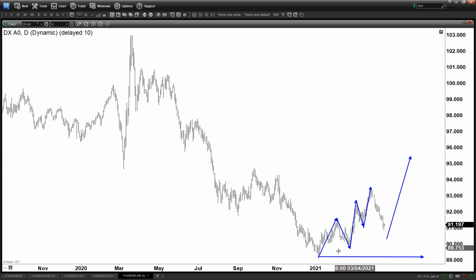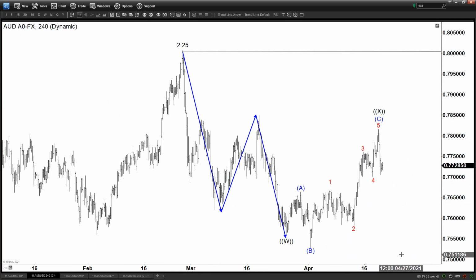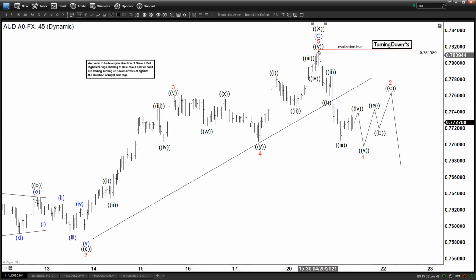So at this point, unless we break below this low, which negates that 5 waves, we cannot rule out one more push higher in favor of the US dollar right now. And if that happens, then the Australian dollar can start to reverse because of US dollar strength, right?